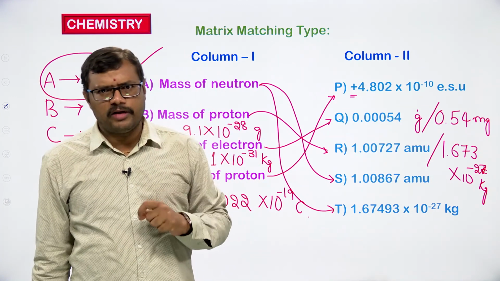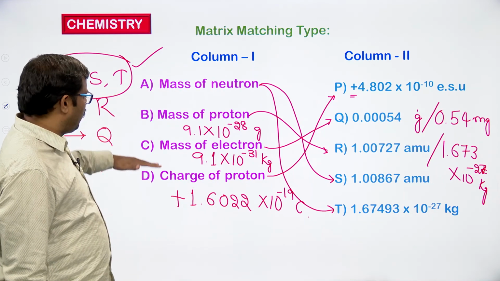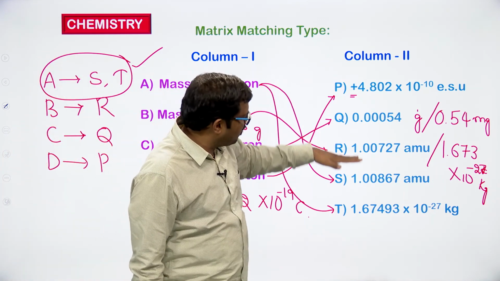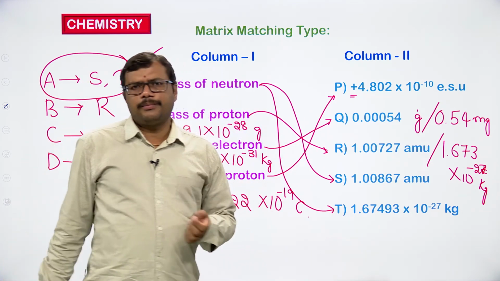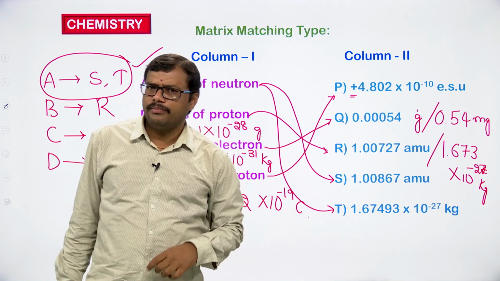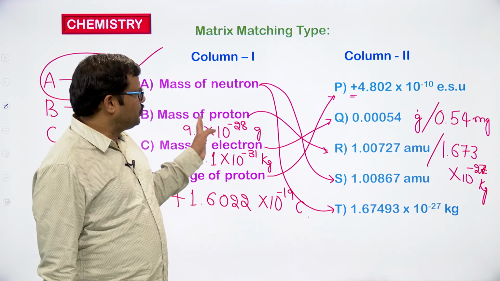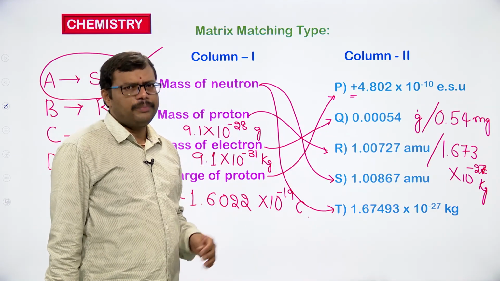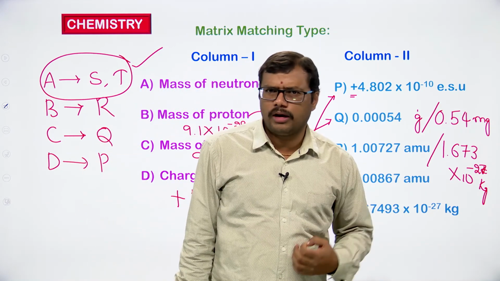In this case if you observe clearly, column 1 has only 4 properties, but column 2 has 5 properties. So, there is a chance of mapping one property of column A with two properties of column B. Okay. So, the mapping is very crucial, and you should do it in a careful manner, so that you can get good marks in this case.